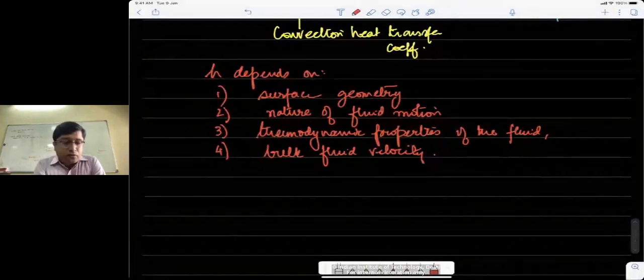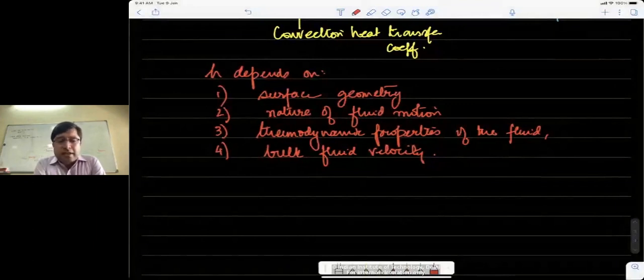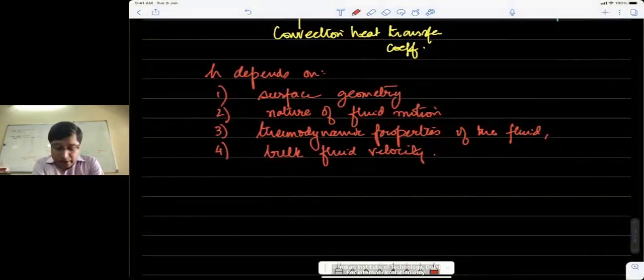We will do some calculations of the value of h, but by and large, we will assume that this is a known value, unless it's not given and you really need to do some design calculation, where you need to figure out what this value should be based on data available in standard handbooks. Unless that is the case, we will assume that h is known, and we will not fret about where you get these values.